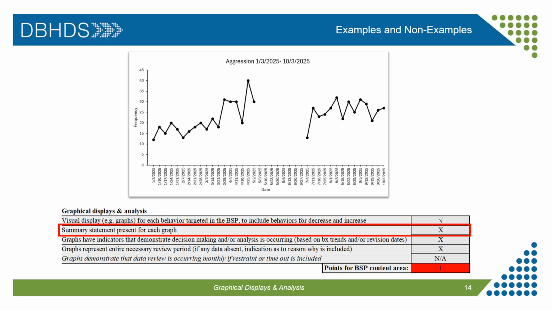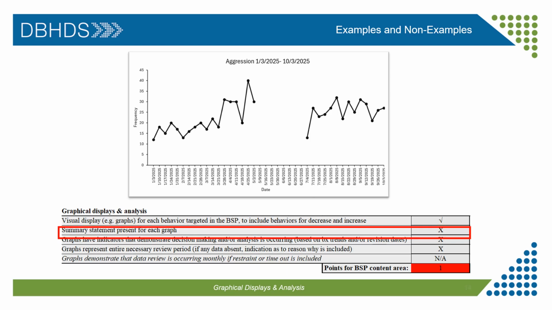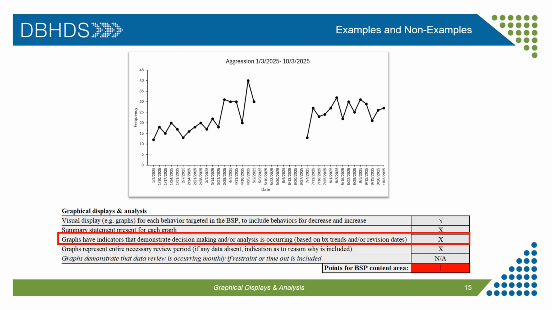This plan scores an X for summary statements, as there is no summary statement present for the one graph made available for review. This plan also scores an X for indicators that demonstrate decision-making and/or analysis is occurring, because there are no indicators on this graph, despite the trends and level indicating this behavior targeted for decrease is increasing.